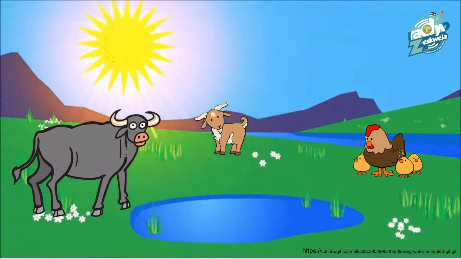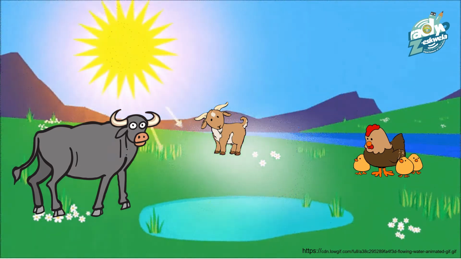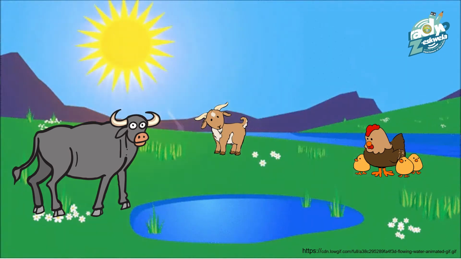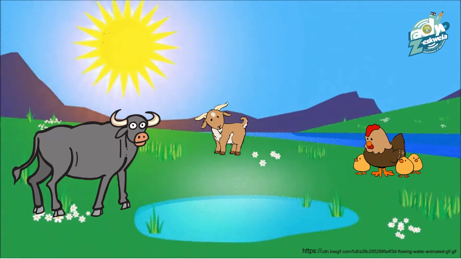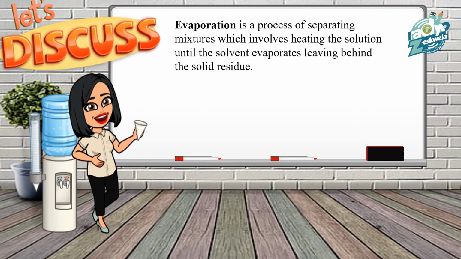As heat is used by animals and plants as the main source of energy, it is also useful in so many things in the process of evaporation as one of the techniques in separating mixtures. Evaporation is a process of separating mixtures which involves heating the solution until the solvent evaporates, leaving behind the solid residue.